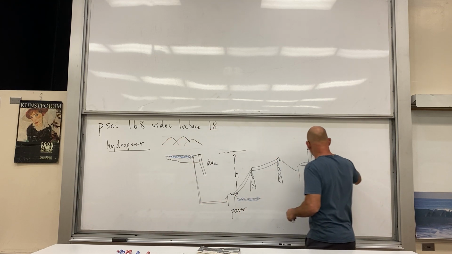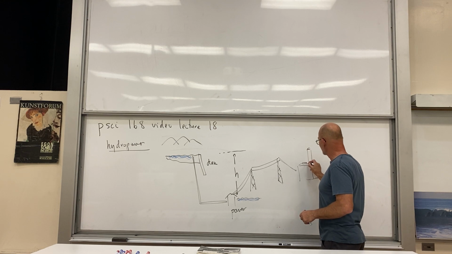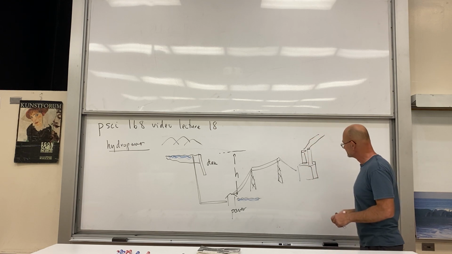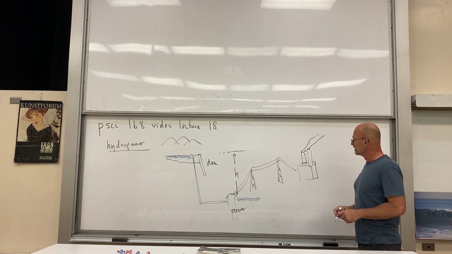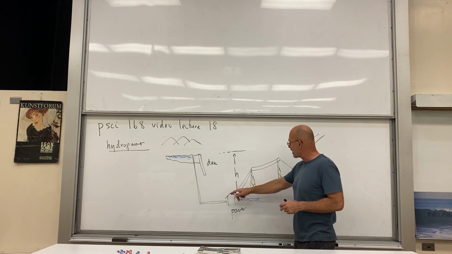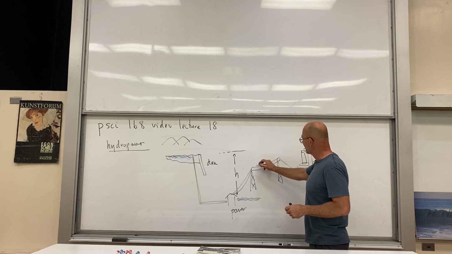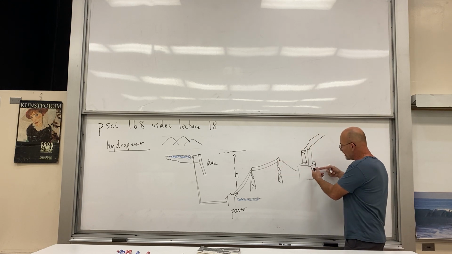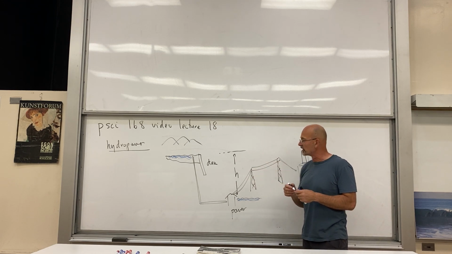Maybe it has two smokestacks on it this time. So yeah, we can send power over to the civilization, but we can also get power from here to do our pump storage.